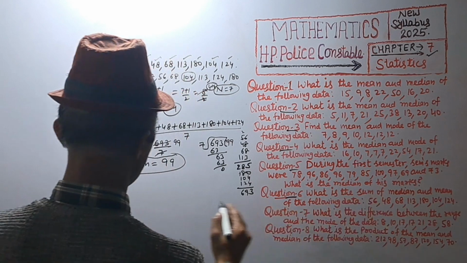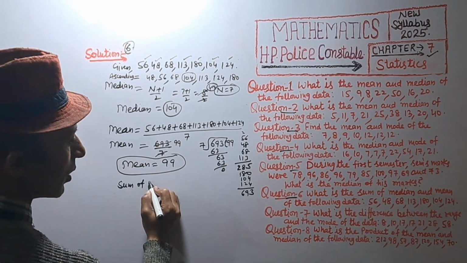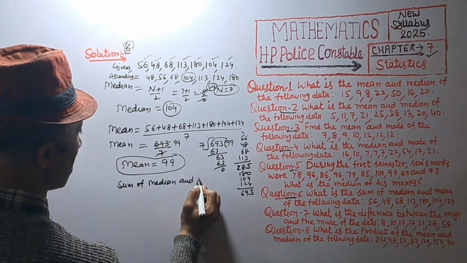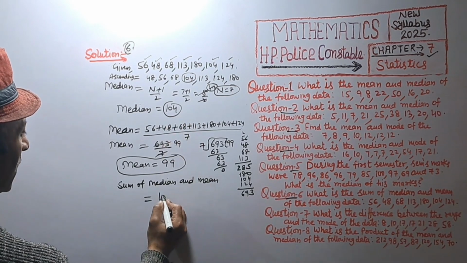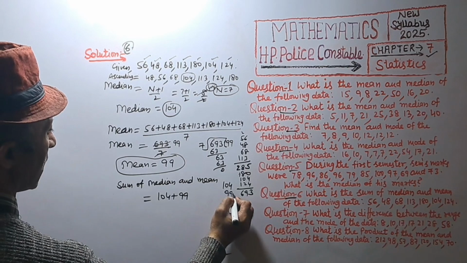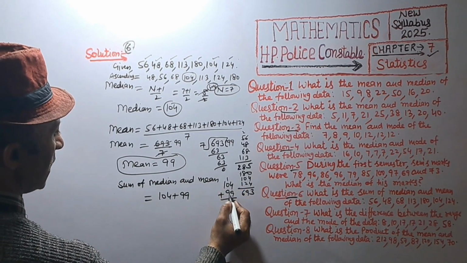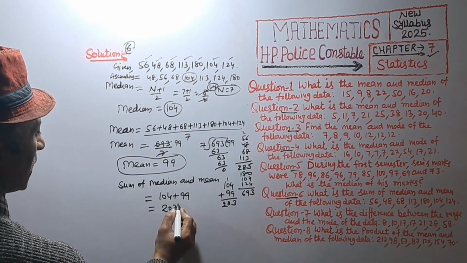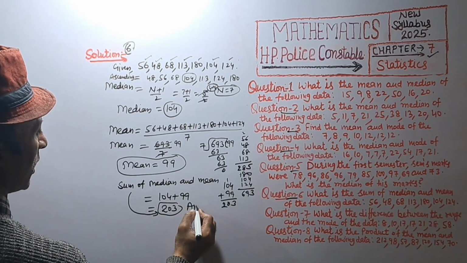And what is the sum of median and mean? Median is 104 plus mean is 99. 104 and 99, their sum is 9 plus 4, 13, 1 carry, 9 plus 1, 10, 2. That is equal to 203. Sum of mean and median equal to 203.